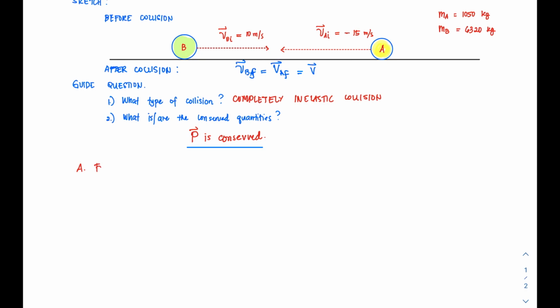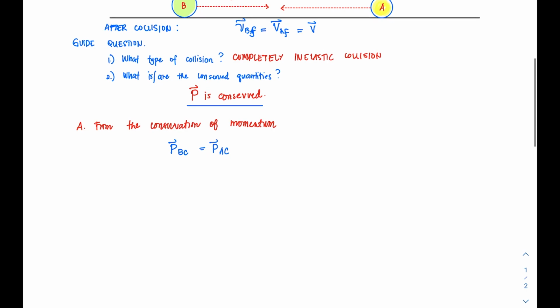I'm just going to write here, from the conservation of momentum, I'm going to set up an equation. I have the fact that momentum before collision must be just equal to the momentum after collision.